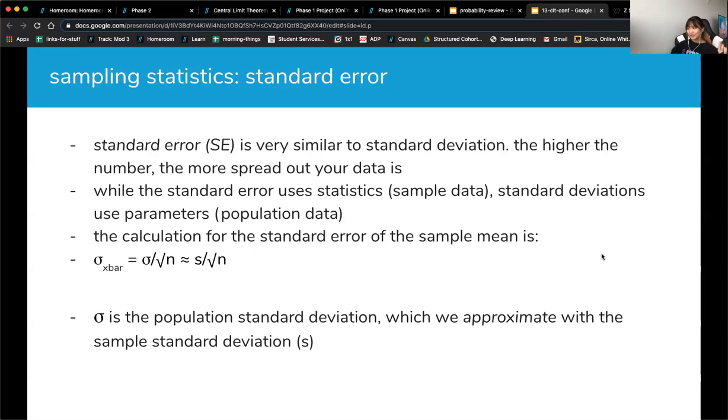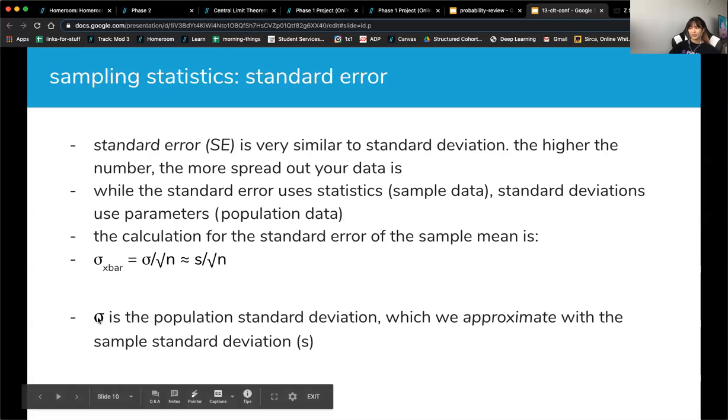You can calculate the standard error of your sample by using an approximation of your standard deviation. So basically, if you need to find standard error, you would just take sigma divided by root n, same formula. Sigma here is the population standard deviation, which we're approximating with the sample standard deviation.